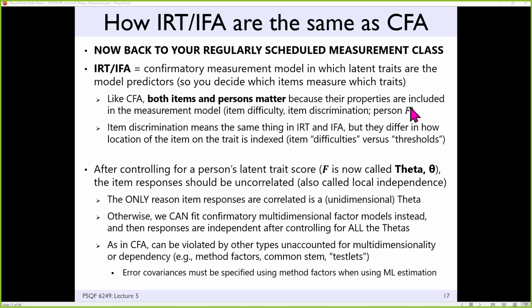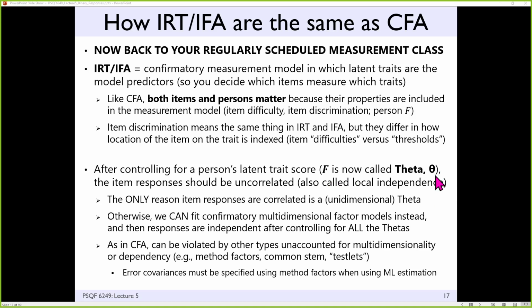And each item is going to have its own characteristics, things that are close to intercepts and slopes, not errors though. And each person is going to have latent traits as predictors. So latent traits used to be F for factor. From now on, they're theta. Why?